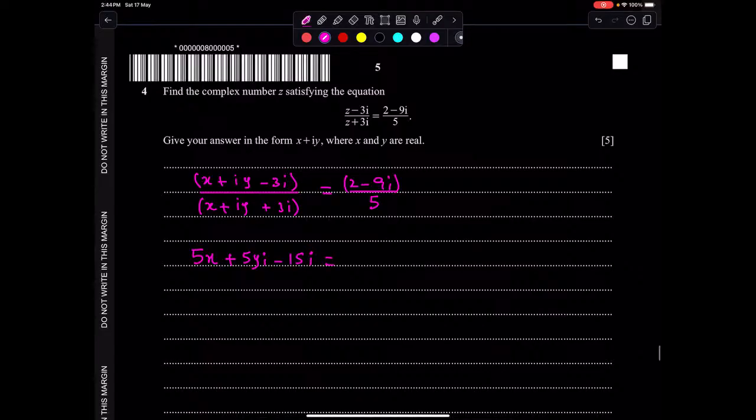On right side, be careful. This 2 will first multiply with this bracket. X plus iy plus 3i. Do it with great concentration so that you can avoid careless mistakes.